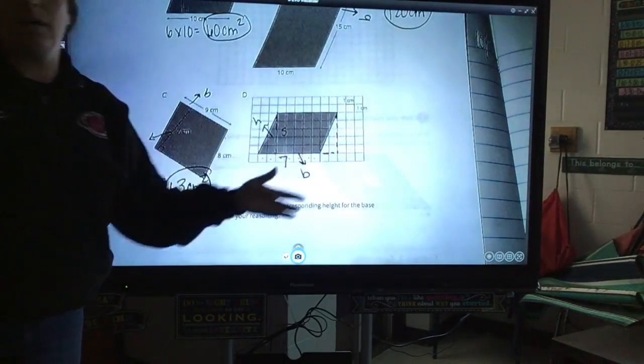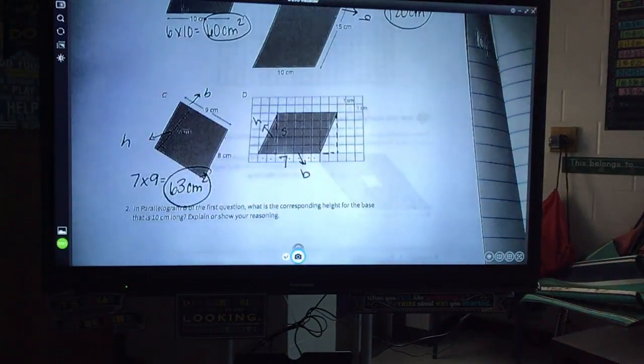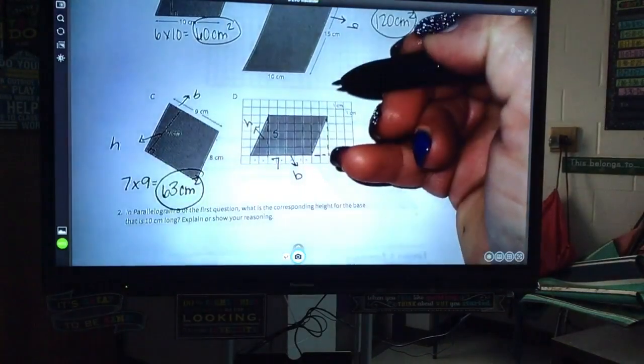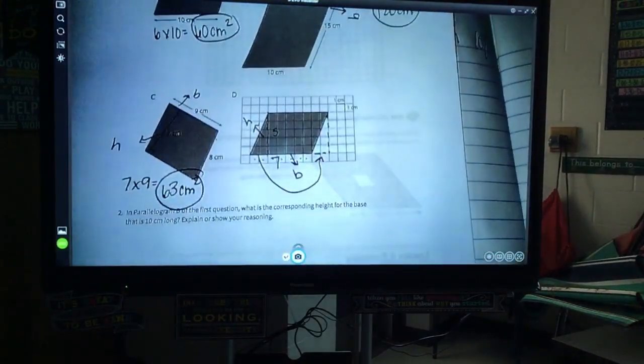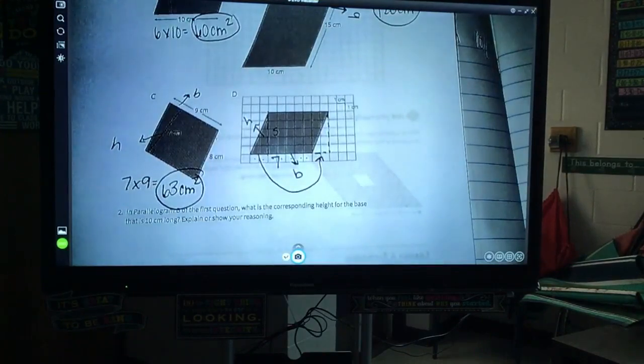No. Why not? We just extended our base out, so raise your hand, why is it not 9? Cooper, because when you took the other piece out, you took the 2 out, but you put it on the other side, so it's still 7 and not 9 because you basically just took a piece out and then added it somewhere else. So essentially I took this side and moved it to the other side.